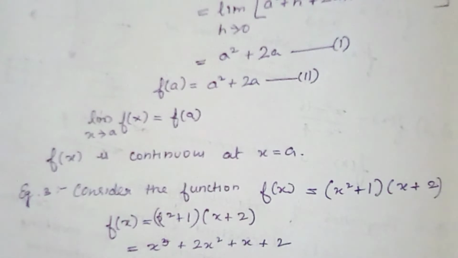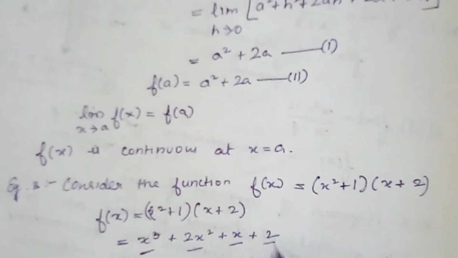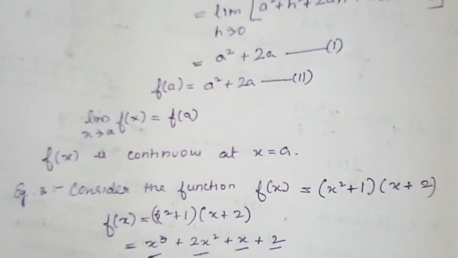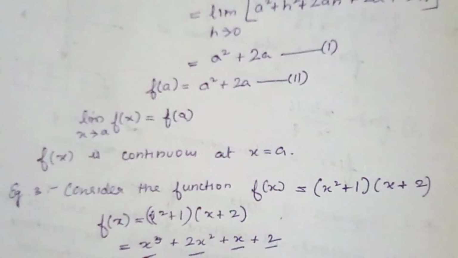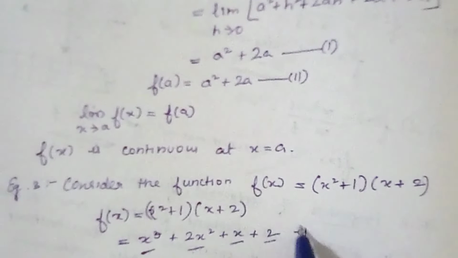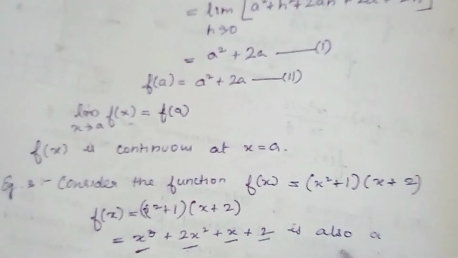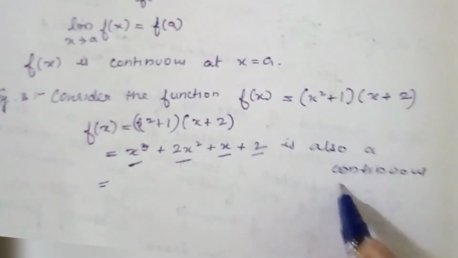As we know that x cube, 2x squared, x and 2 are all continuous functions, we can say the function f of x is also a continuous function. We can say x cube plus 2x squared plus x plus 2 is also a continuous function.